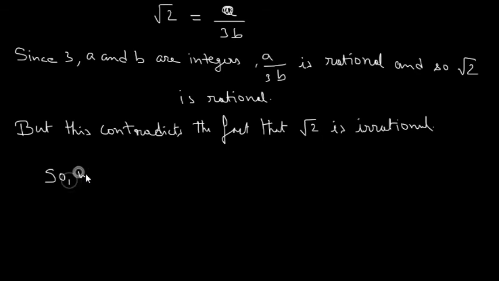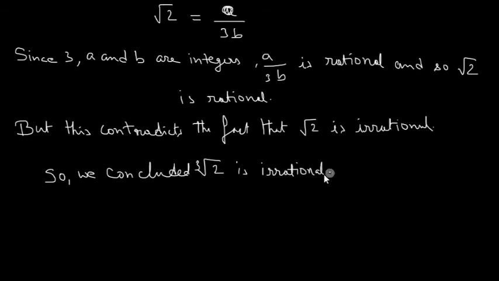So we conclude 3 root 2 is irrational. So it is proved.